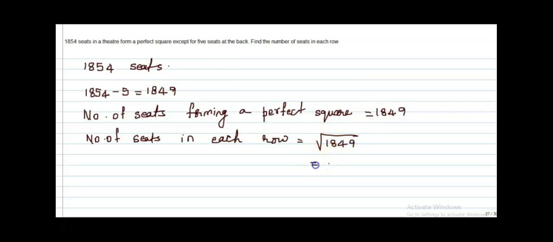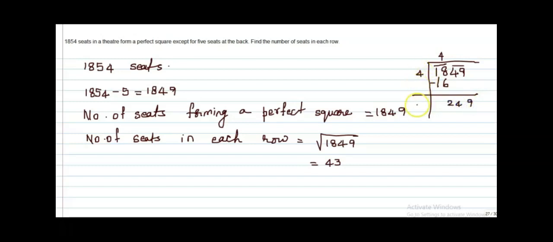And square root of 1849 can be found out by using the long division method, because 43 is a prime number and prime factorization may be a little difficult. So how do we find out the square root by long division method? We need to pair the numbers and then choose the perfect square which is less than 18. 4 4s are 16. And if we subtract, we get 249.